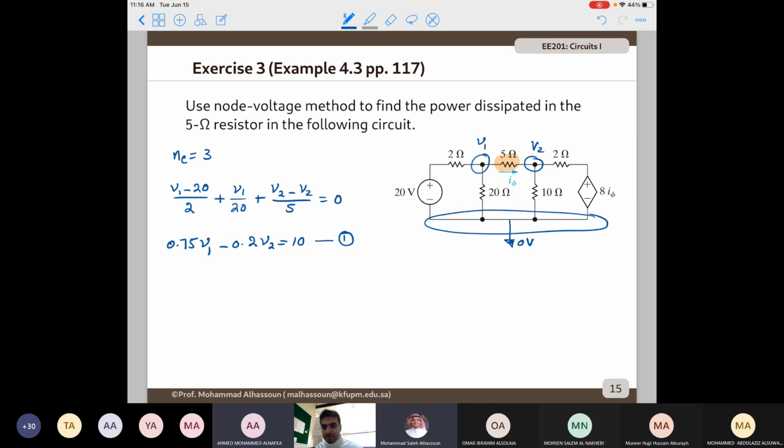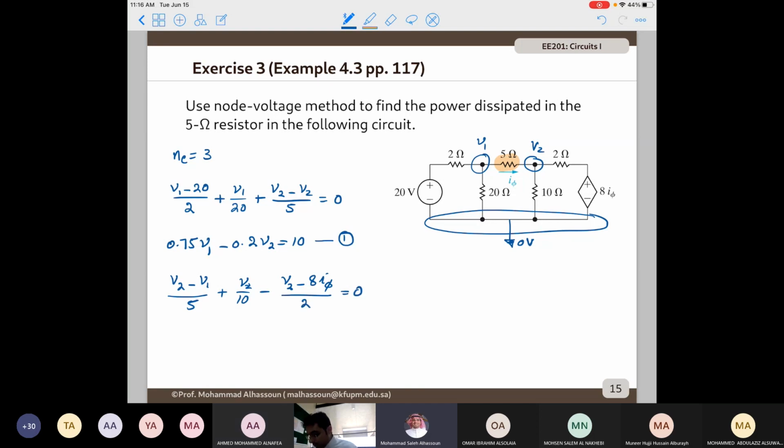Yes, V2 minus V1 over 5, plus V2 over 10, and V2 minus 8 I phi divided by 2 equals 0.